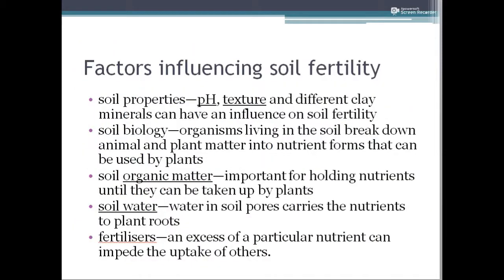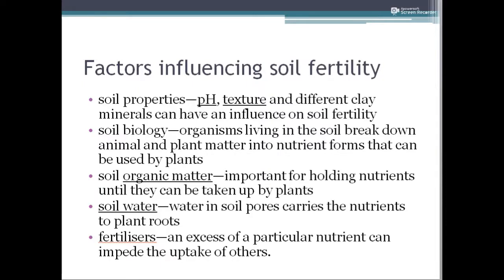So soil fertility depends upon various soil properties like pH, texture and so on. And the soil biology, the organisms present in the soil, will influence the soil fertility. Now, whether the animal as well as plant matter has been broken down into nutrient forms that can be used by the plants is important.